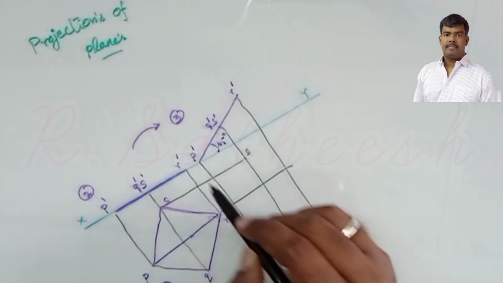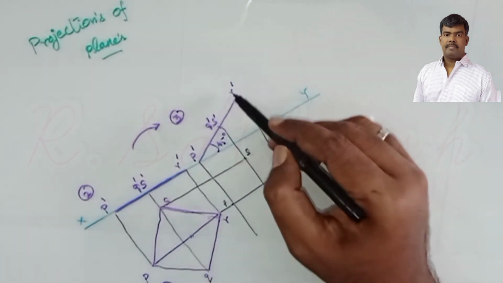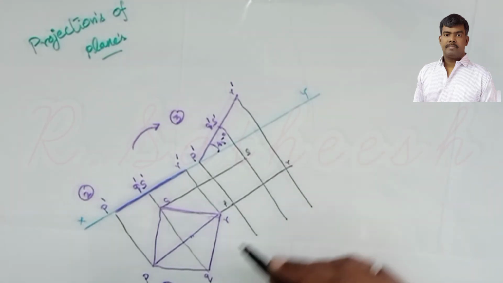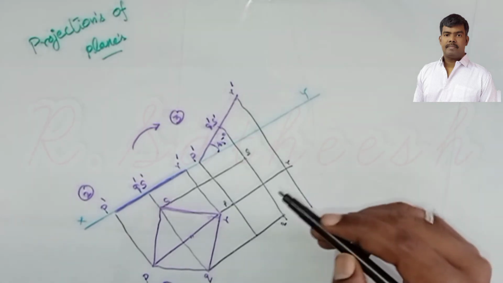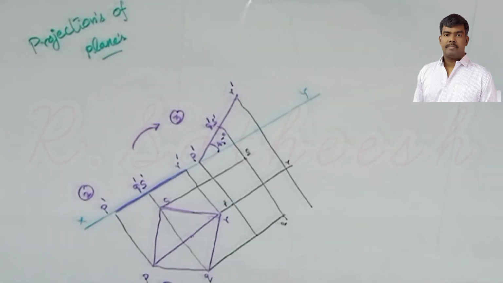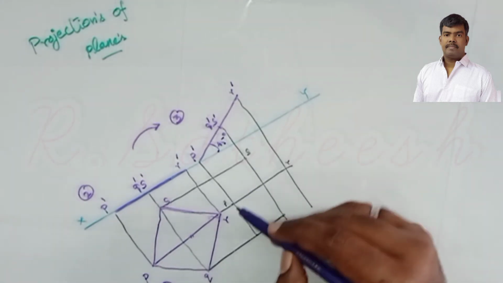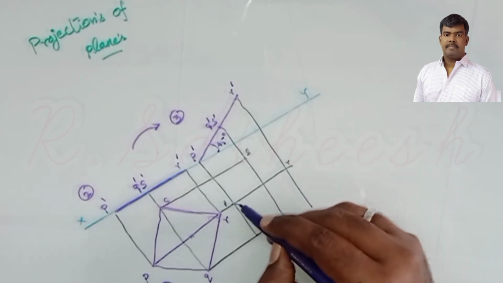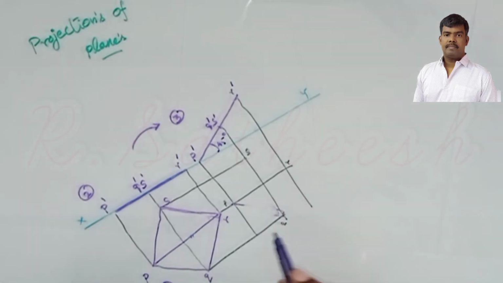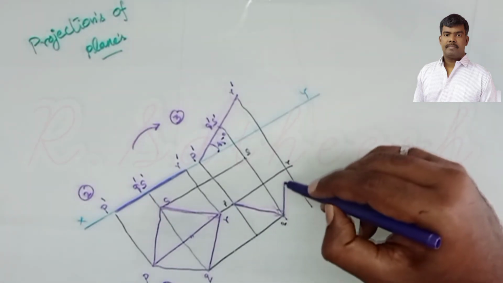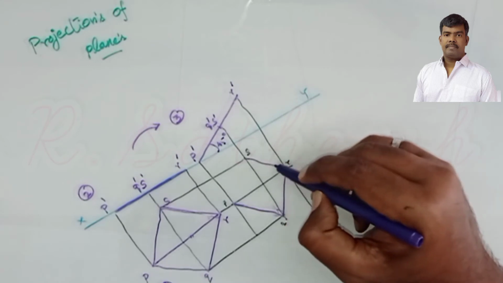So P versus P, R versus R. Now this is Q. So now you join all PQRS.